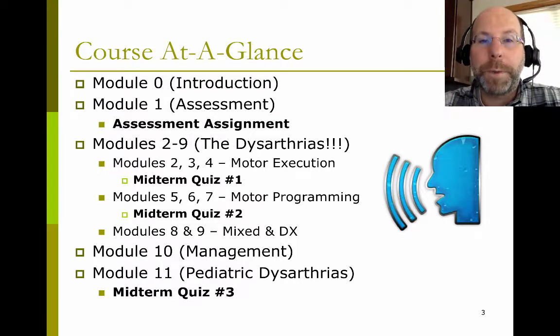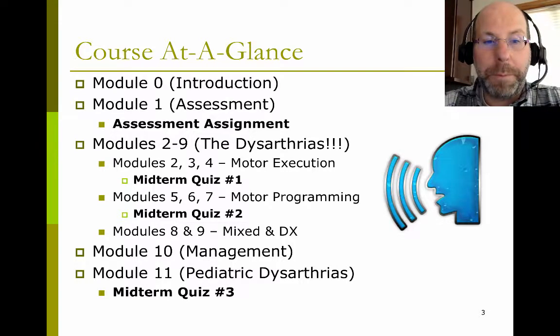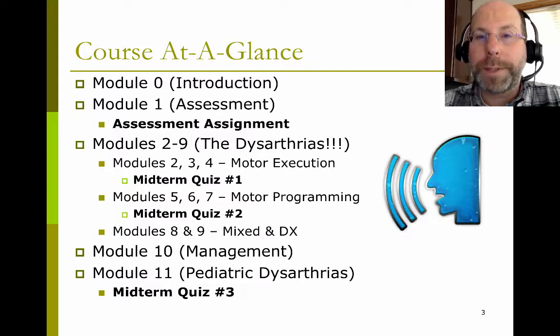Modules 2, 3, and 4 for the dysarthrias associated with motor execution disorders, followed by midterm quiz 1. Modules 5, 6, and 7 for motor programming disorders, followed by midterm quiz number 2. Modules 8 and 9 getting more into differential diagnosis, 10 getting into management, and 11 for pediatric specialty topics, including cerebral palsy. And then we end with the 3rd midterm quiz.